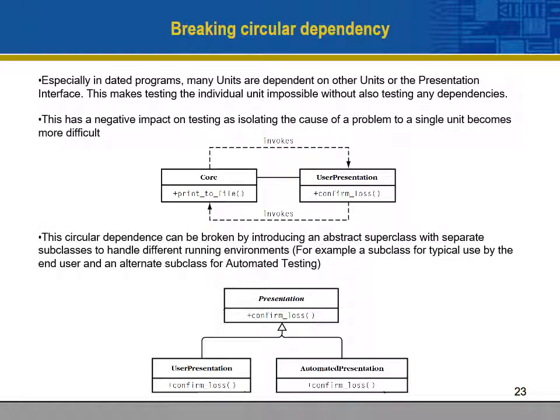When it comes to unit testing, oftentimes we have to break circular dependency. You see, safeguards have been put in place to prevent user error or to notify the user of special events. Certain safeguards and programs we create every day can also be roadblocks when it comes to testing our software.